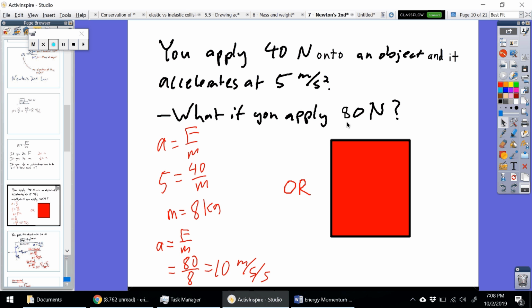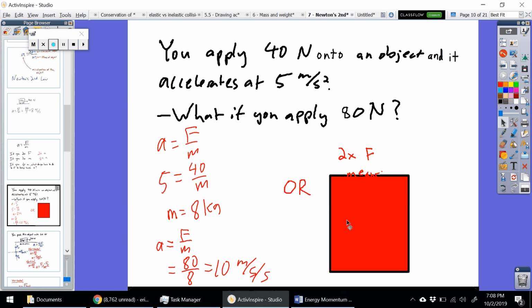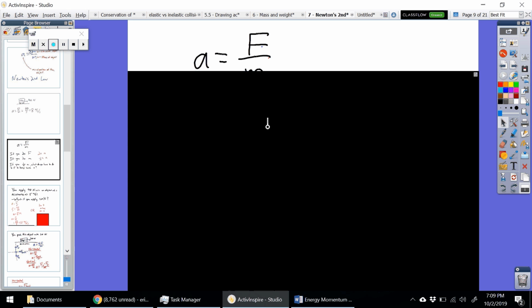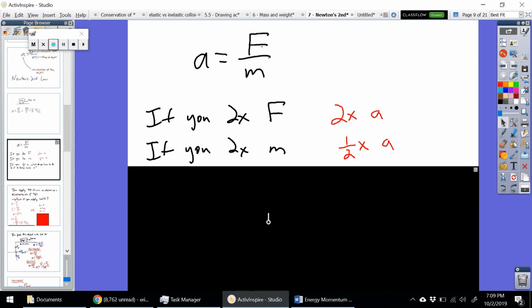So if the force doubles, what happens to the acceleration? The acceleration doubles. That's why you get 10 right away. Being able to read the equation allows you to skip a lot of work sometimes. So it's important to think about how you can read the equation and understand relationships between variables rather than just plug numbers into equations.